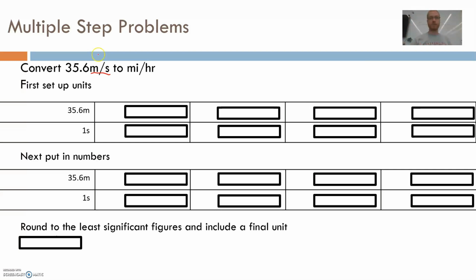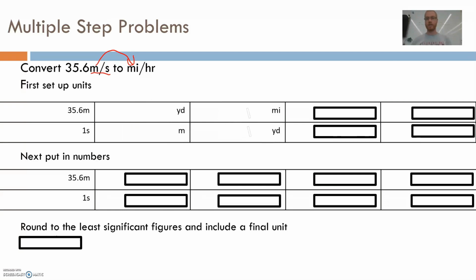For instance, first we have to convert meters to miles. So again, first we're going to convert meters to yards. Then we're going to convert yards to miles because we know those conversions. Then you got to flip it around, and you got to convert seconds to hours.